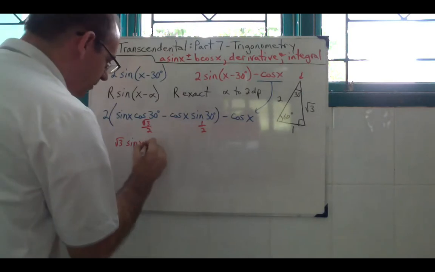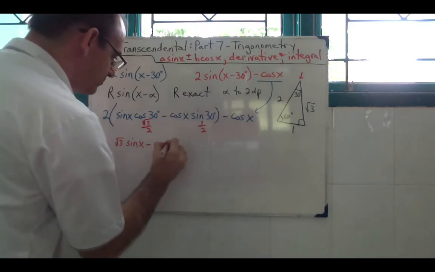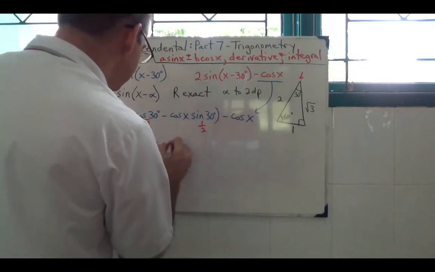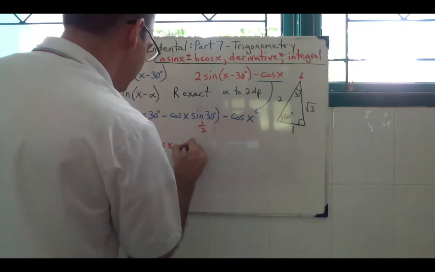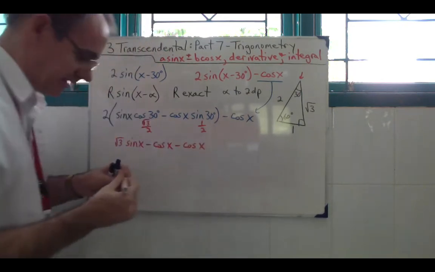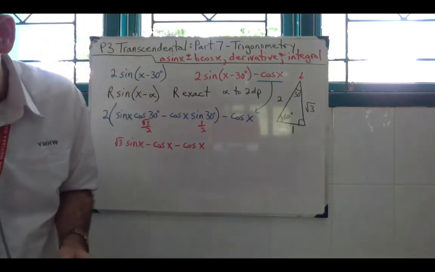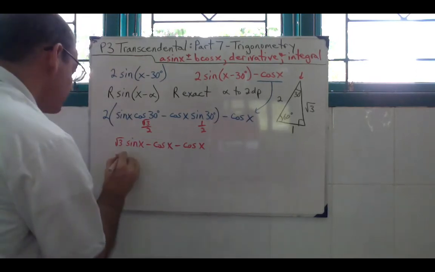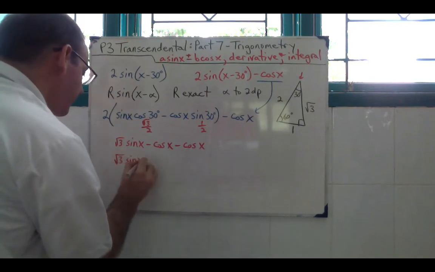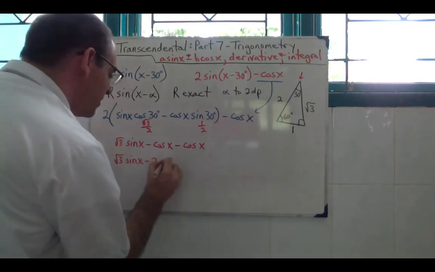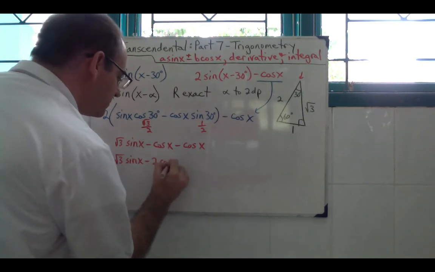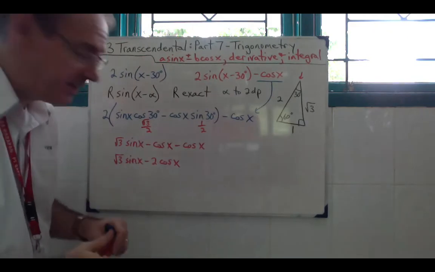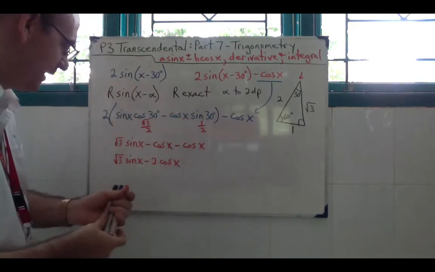It cancels out here, so we just get minus cosine x, and then minus cosine x again. And now that we have that, we get root 3 sine x minus 2 cosine x. Now we are in the form that we want to be in after simplifying.